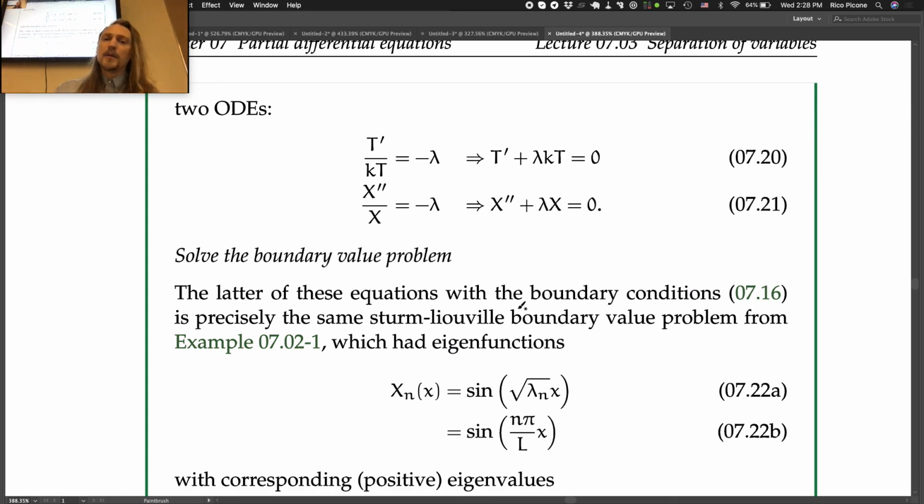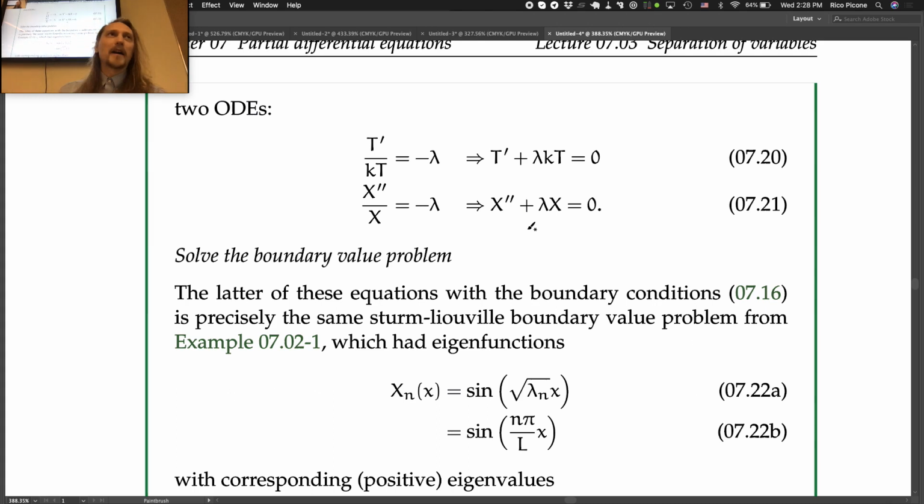So the latter of these equations, 7.21, with the boundary conditions, 7.16, the Dirichlet boundary conditions, is precisely the same Sturm-Liouville boundary value problem from the previous example, the example from last lecture where we did the Sturm-Liouville problem for this equation, with 0 as our boundary condition on each side.